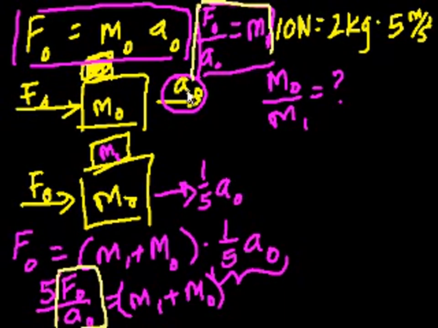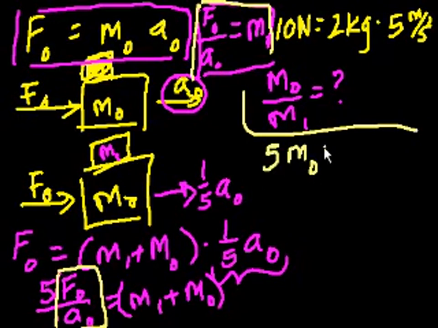We just got it from this relationship. So we could substitute 5 times f sub 0 divided by a sub 0 is the same thing as 5 times m0. So we have a new relationship: 5m0 is equal to m1 plus m0. All I did is I substituted this for that, and I used this relationship, which we got in the beginning, to do that.